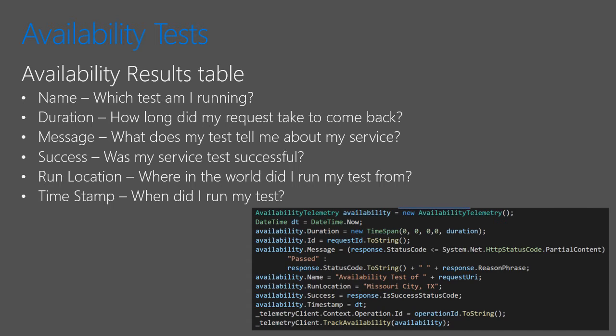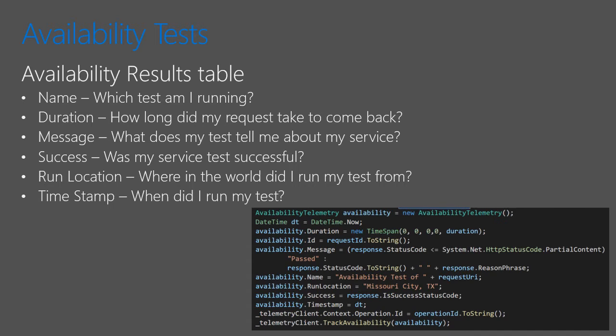We want to group those with something that's consistent. So you may say something like, Contoso production availability testing. And if you group it correctly, once you expand it in the UI, you'll see the different areas that you've tested. And that goes right into run location.